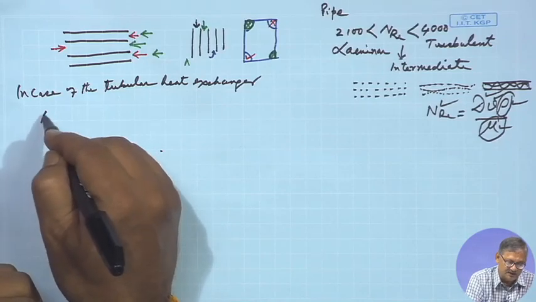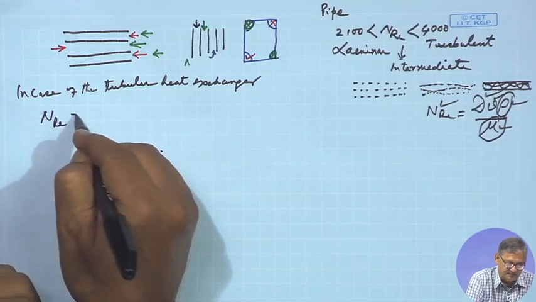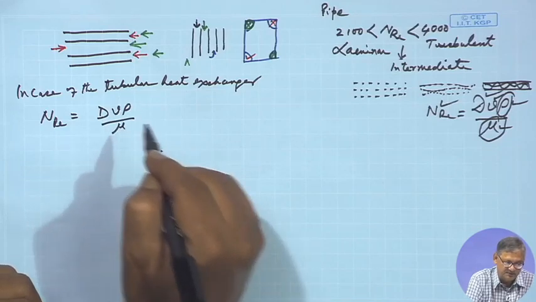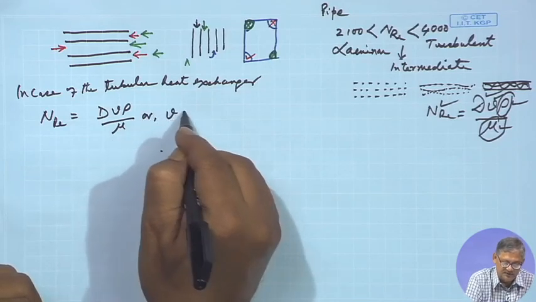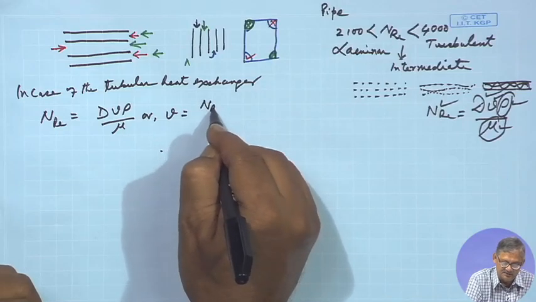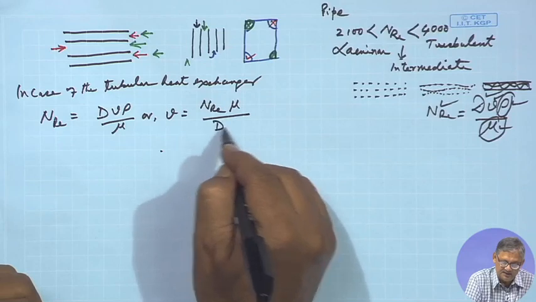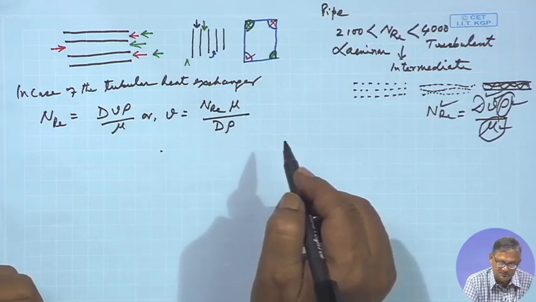So, NRE is d V rho by mu, or V is NRE into mu over d and rho, right?